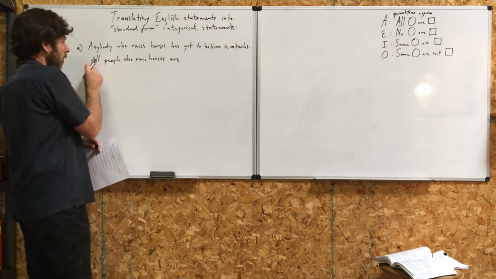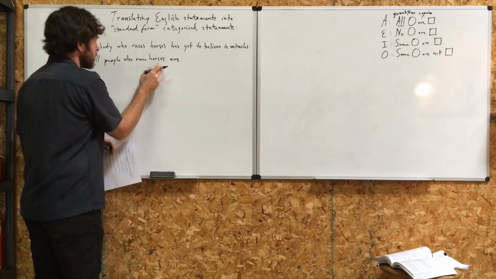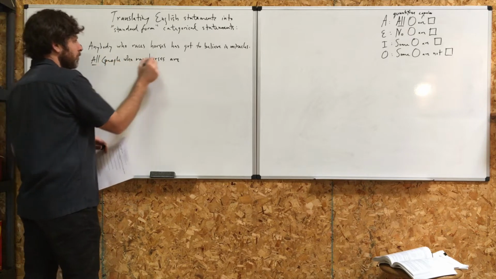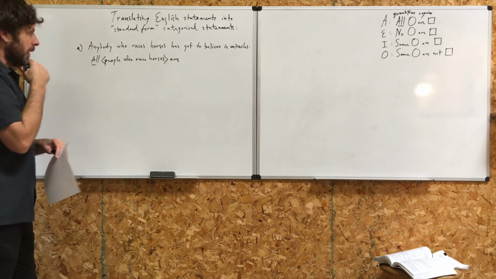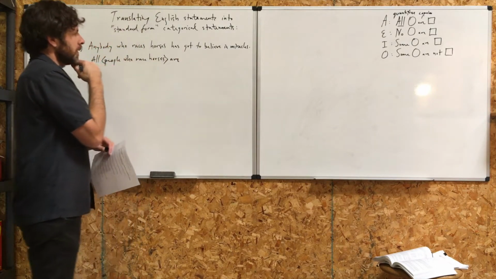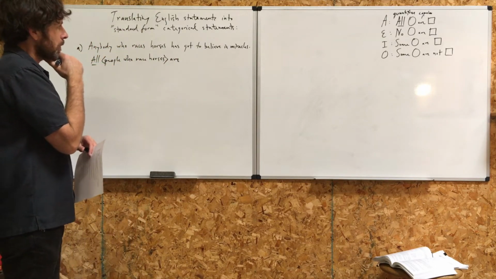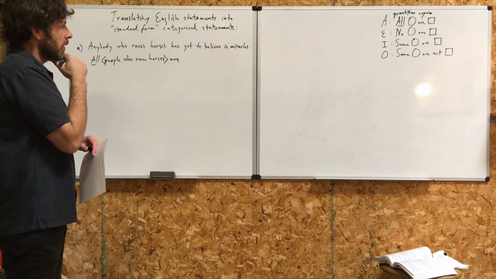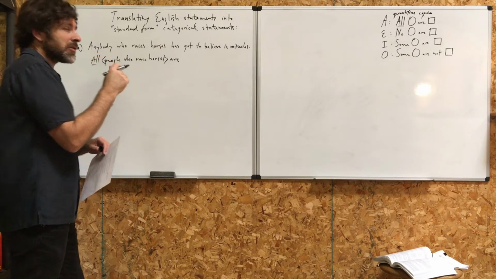All people, so all is the quantifier there, people who race horses, that is a category right there, are, let's see, people who believe in miracles. No, let's not change the wording really.